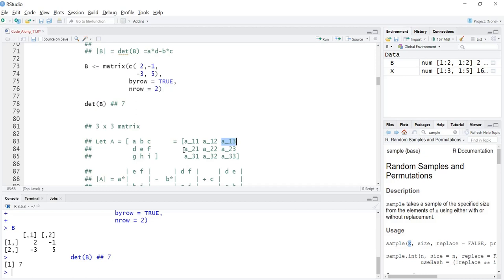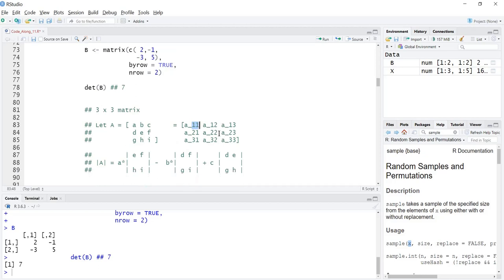In the second row, the first number is 2, and then the second numbers go 1, 2, 3. And the same thing for the third row. This is a handy notation when we're calculating determinants because we need these indices, or location numbers, in order to do the calculation. I'll show you what I mean.